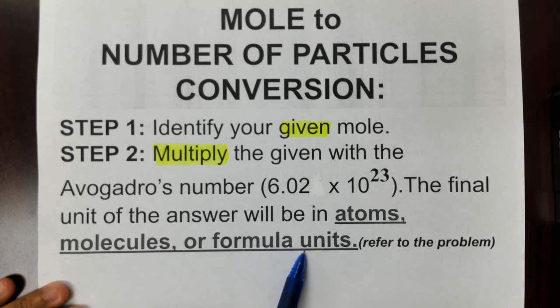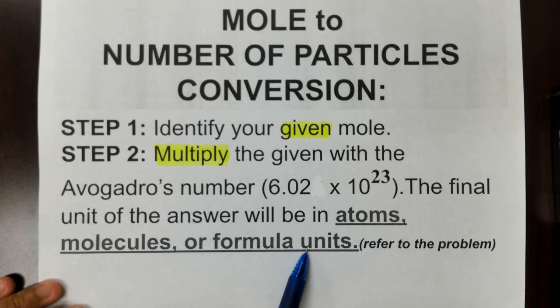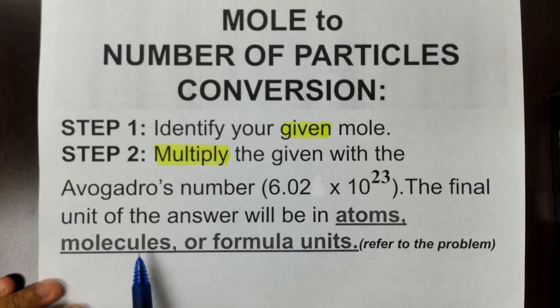Formula units is a very specific title that we give for ionic compounds. Molecules is exclusive for covalent compounds.